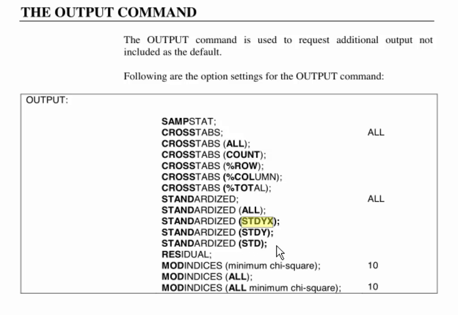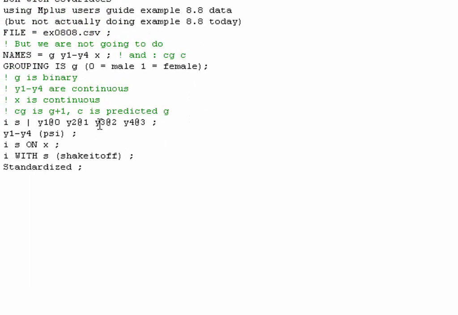The default is all. When you ask for all, you're going to get these 3 flavors of standardized output. This was on the quiz, if you remember, from the first session. I'm going to get all 3 because I'm interested in all 3, and I'll show you why. Sometimes you may be okay just getting the STDYX output, but we're going to use all 3 today.